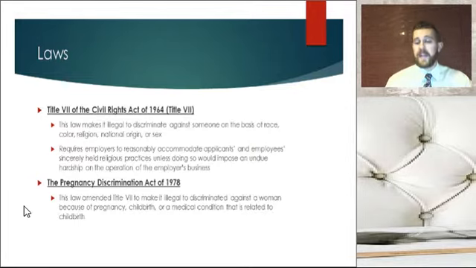The law was actually a direct response to a United States Supreme Court case, General Electric versus Gilbert, which held that pregnancy discrimination was not a form of sex discrimination under Title VII of the Civil Rights Act of 1964.